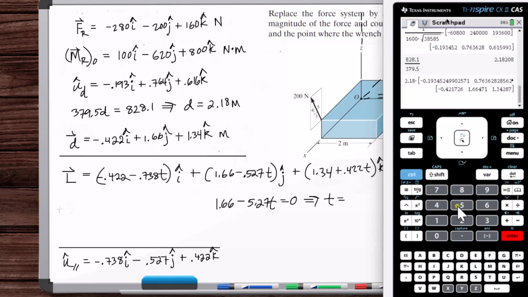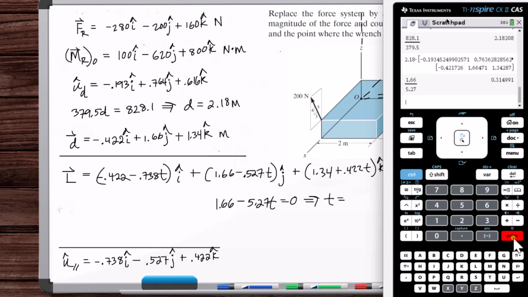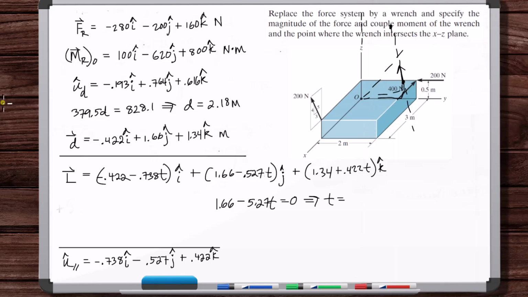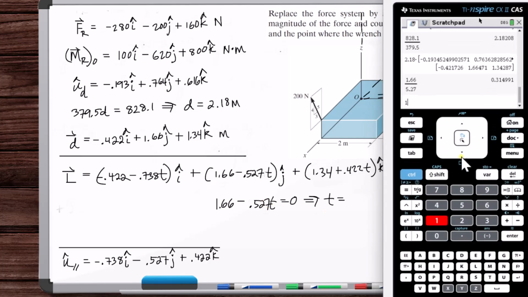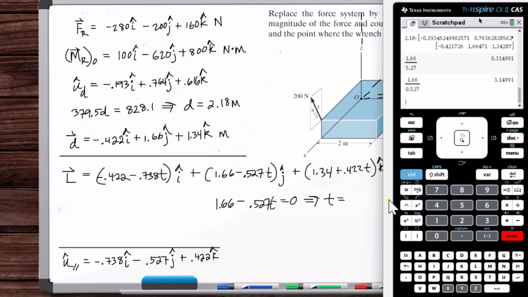That's 1.66 divided by 0.527, which gives t equal to 3.15.